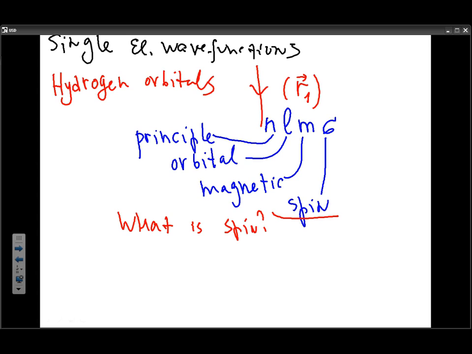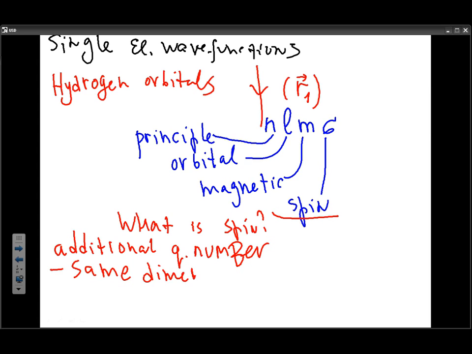It is the same dimension. So, an additional quantum number, the same dimension as angular momentum.